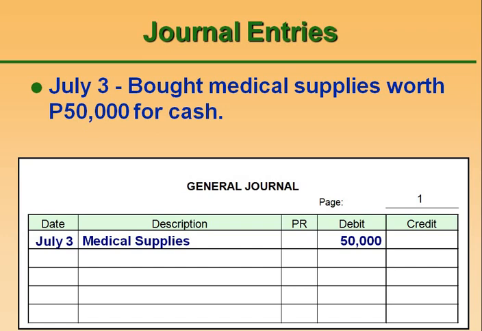Right? But here, we should decrease the asset cash. So, what are we going to do? We have to credit it. So, credit cash for 50,000 pesos. Then, we add an explanation to record purchase of medical supplies.